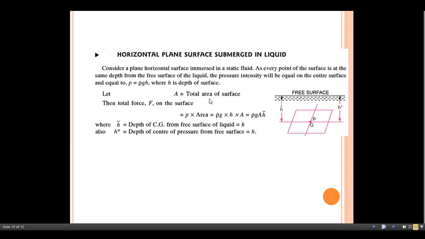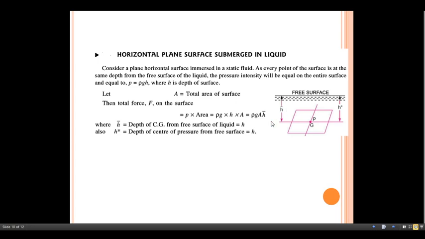So let A be the total area of the surface, and then the total force F on the surface is nothing but P multiplied by area. What about the P? P we already know, rho gh. Here area A is here. So rho g multiplied by the same value will occur for this one, because they are at the same height.